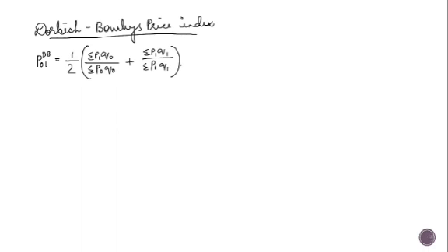Now we will prove whether it satisfies the time reversal test. We have to reverse the base and the current year. When you take the reverse, it will be the price of the current and the base year. So half will remain the same. Current year becomes base and base becomes current year.